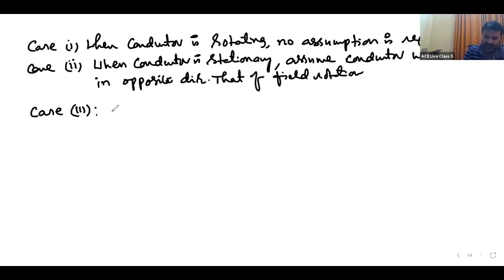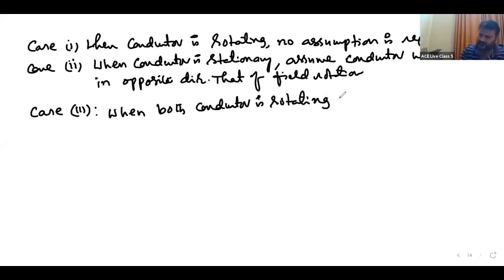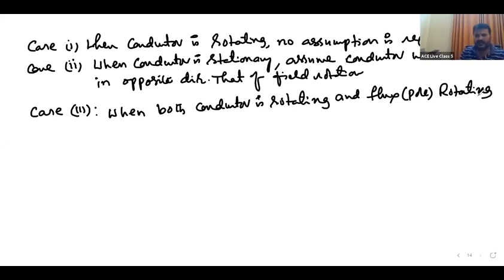Case 3, when both conductor and flux are rotating, flux meaning pole rotating. How to apply our right hand rule, that I want to explain. For that, let me give you a question first.